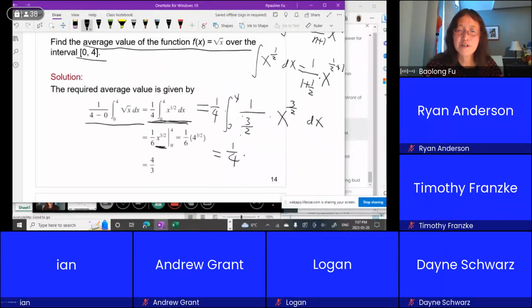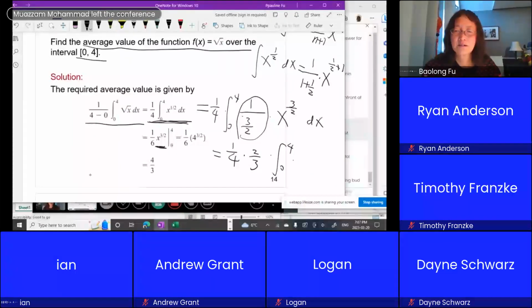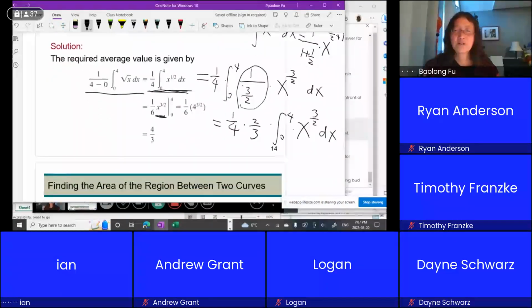And then 1/4 times, this is a constant, I can move it in front of the integral. So it becomes actually 2/3. Remember mathematically, if you have 1/(a/b), it is equal to b/a.